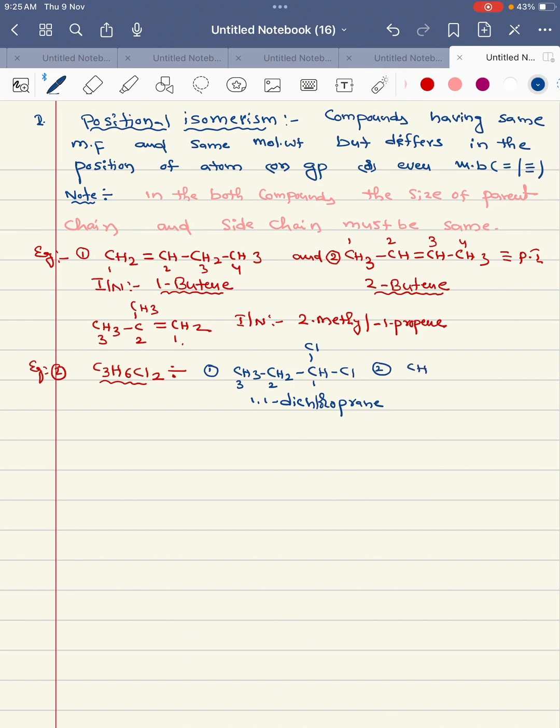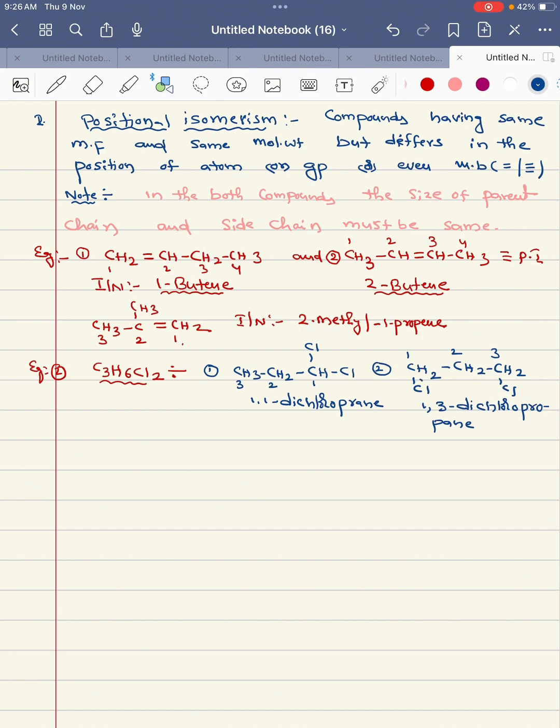What is the second isomer? I am going to change the location of the atom. CH2Cl, CH2, CH2Cl. Numbering is assigned 1, 2, 3. The IUPAC name is 1,3-dichloropropane. See what I gave in the definition: compounds have the same molecular formula, same molecular weight, but differ in the position of an atom.